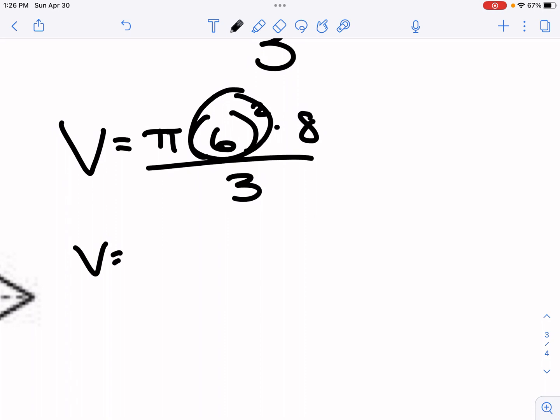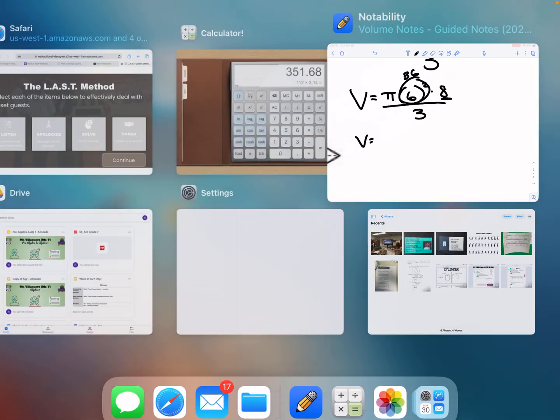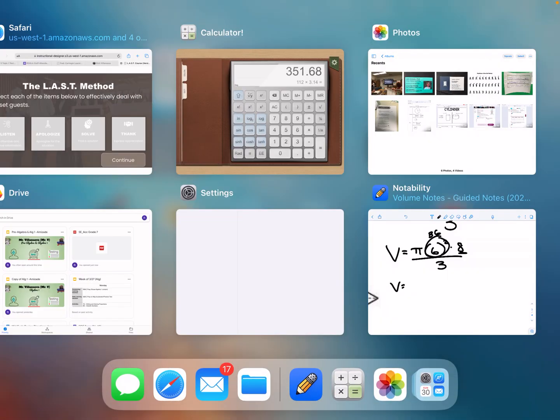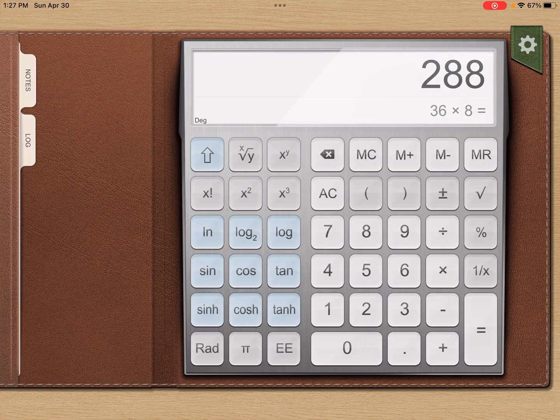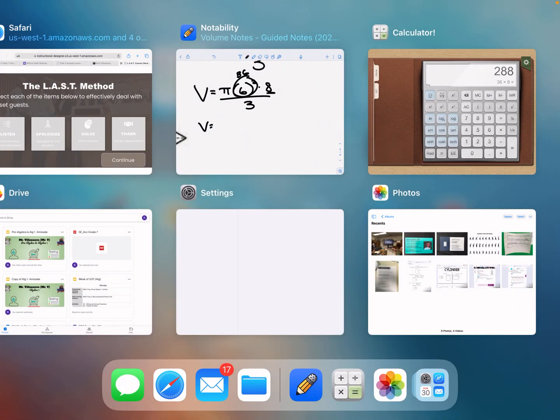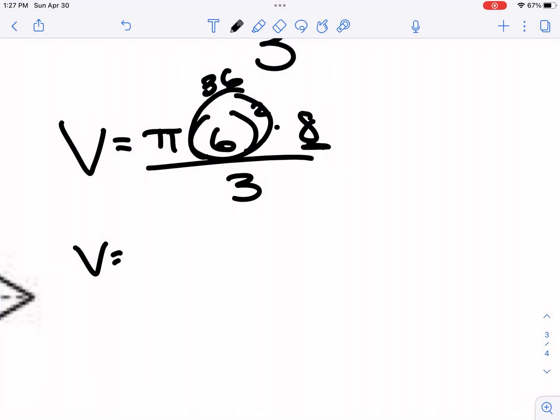6 squared is 36. We'll do 36 times 8, so let's use our calculator for that. 36 times 8 is 288. I'm going to write that in front of pi here. So 288 pi divided by 3.